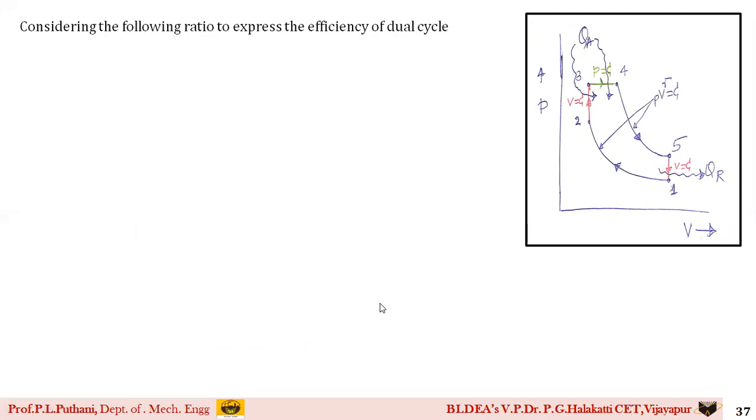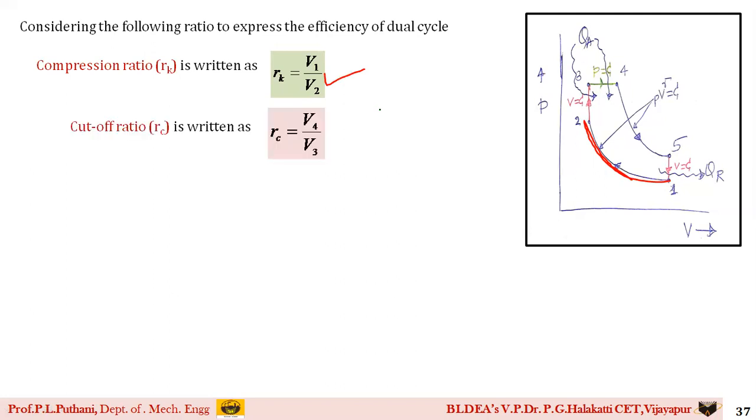Before that, we will write the following ratios. The first ratio is the compression ratio. Remember students, the compression ratio is always taken for the air being compressed from position 1 to 2. Therefore V1 by V2 gives you the compression ratio, that is RK. Then we have the cutoff ratio RC. Here, from position V4 to V3, the constant pressure addition is nothing but the cutoff ratio RC.